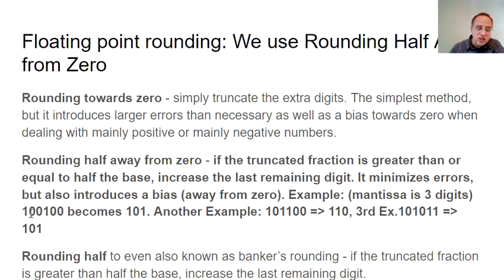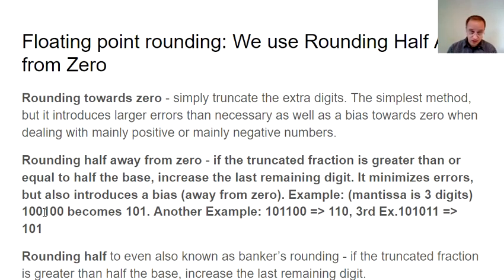So let's say this is our mantissa, which means it's 1 point and then 1 0 0 1 0 0. So that will become 1 0 1 because why? We only have a 3-digit mantissa, so it should really be 1 0 0. But the next digit is a 1, which means that this is half the base or more.